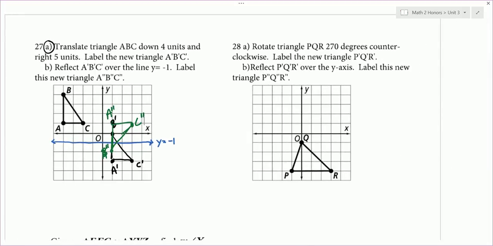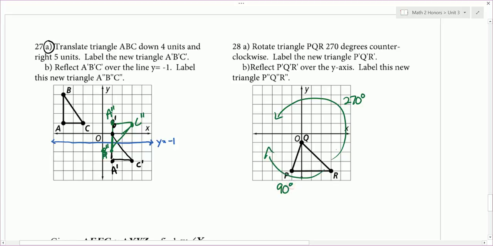28, rotate triangle PQR 270 degrees counterclockwise. Okay, so counterclockwise going this way, 270 degrees. Well, if we go 270 degrees counterclockwise, that's the same thing as going clockwise how many degrees? 90.